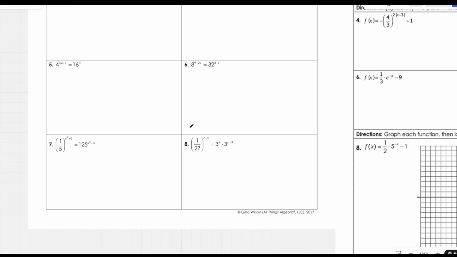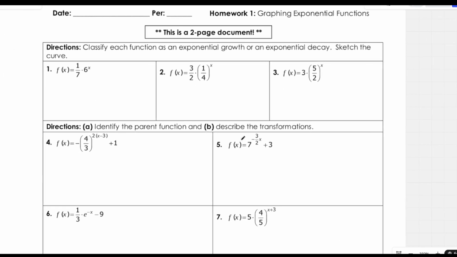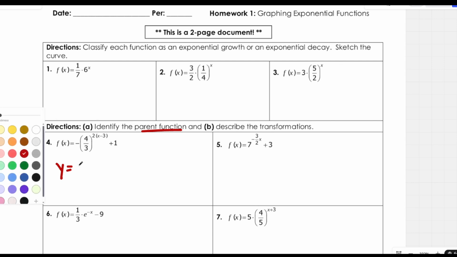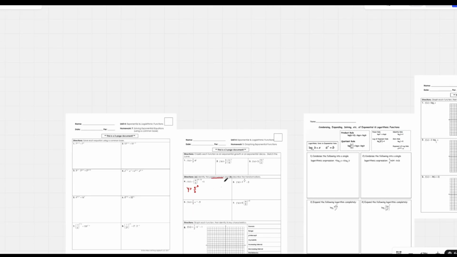I already did some of those, right? Describe the transformation. So the parent function for this one would be y equals 4/3 x.